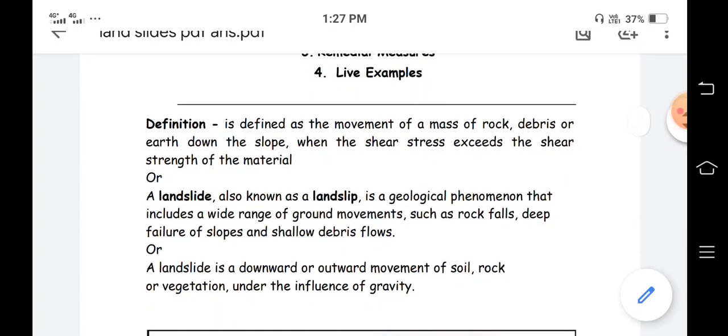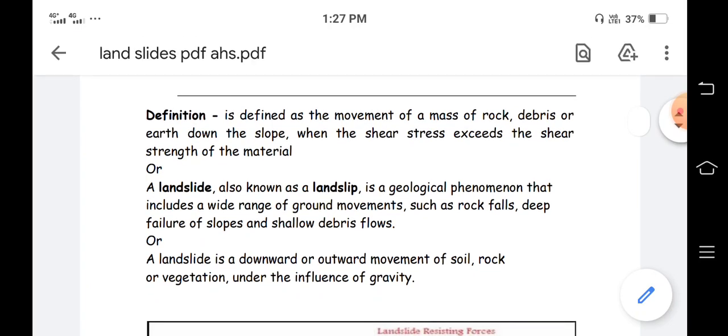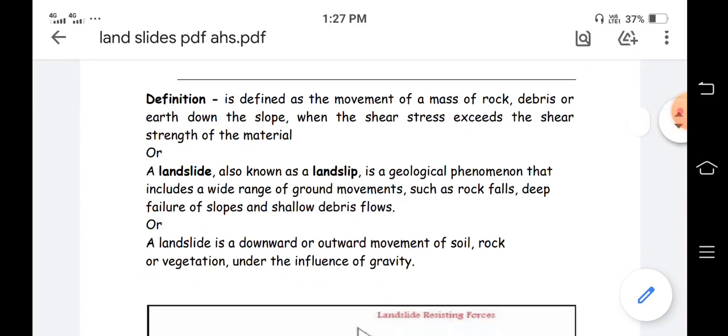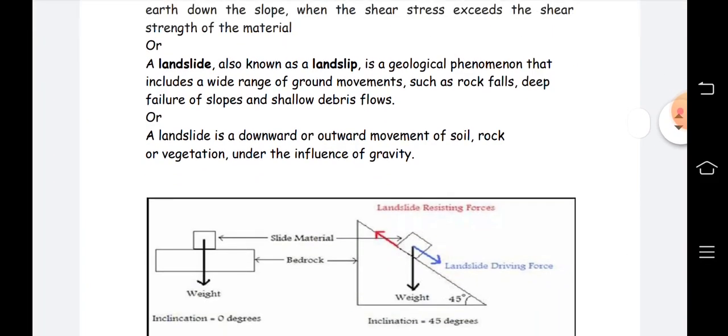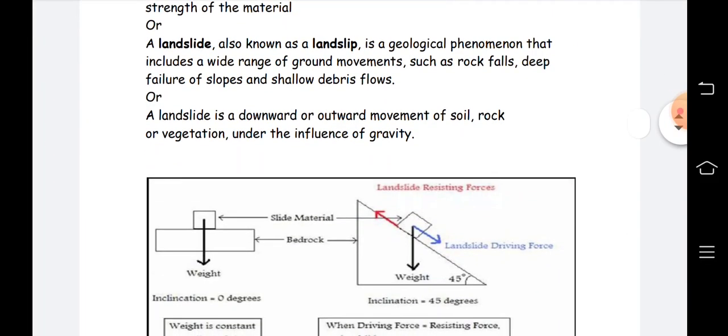We can also call a landslide a landslip. It is a geological phenomenon that includes a wide range of ground movements such as rock falls, deep failure of slopes, and shallow debris flows. Or we can say a landslide is a downward or outward movement of soil, rock, or vegetation under the influence of gravity.